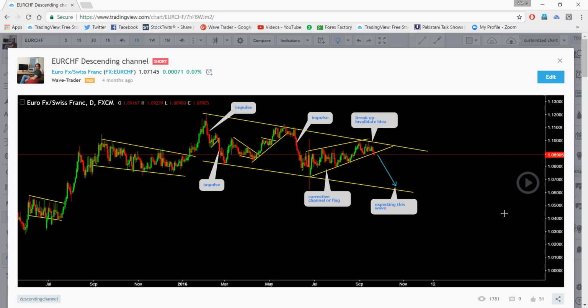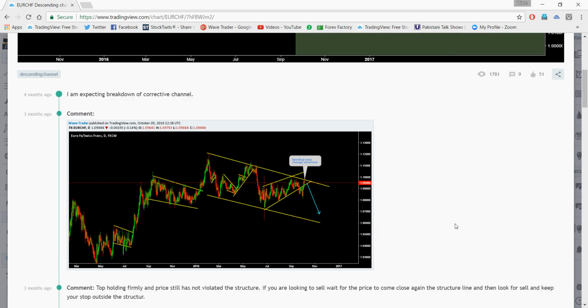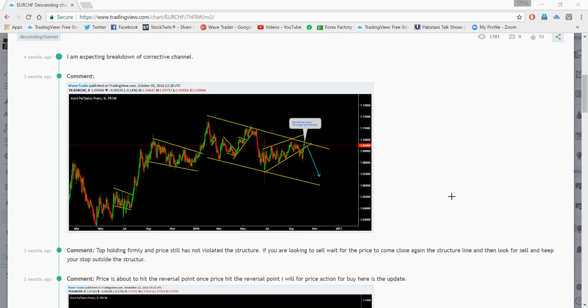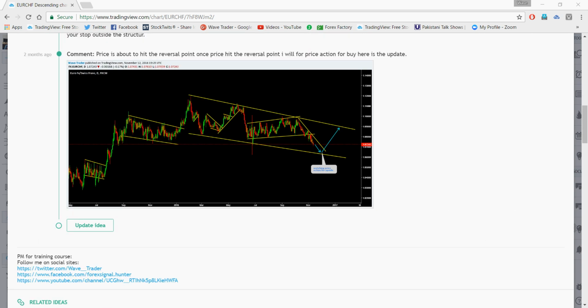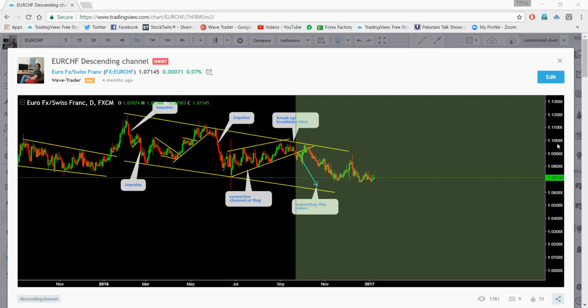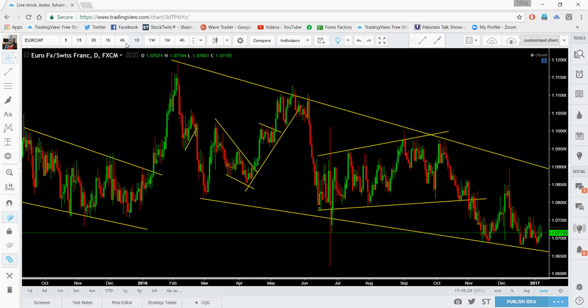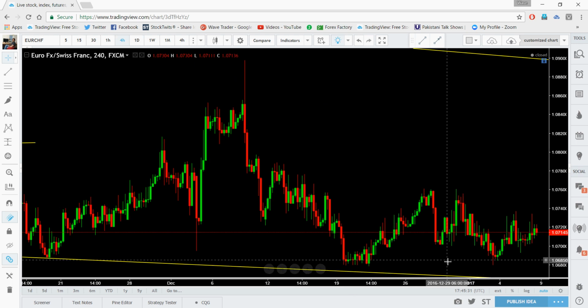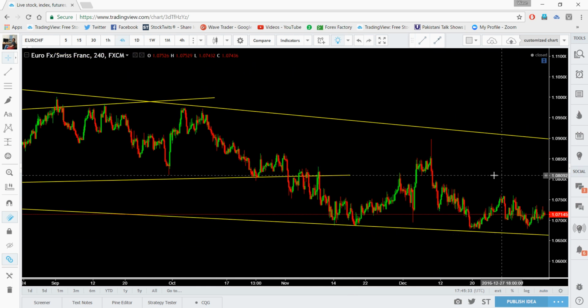We got this move, we got this move. We can see price running within the pattern. After we got this move, now we are looking for this move to the upside on Eurochi. Whenever price comes close to the bottom trend line, look for upside.